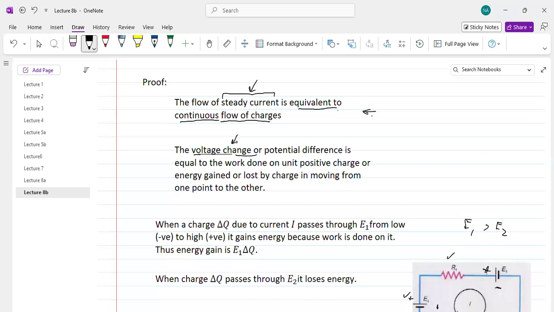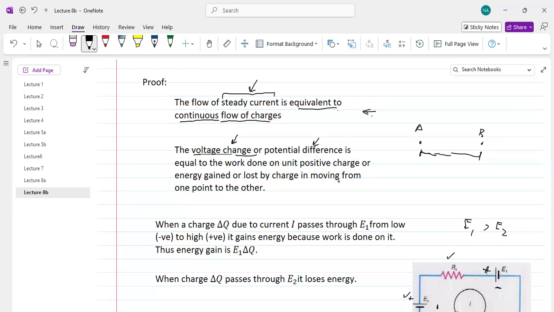The voltage change or the potential difference: you should keep in mind that whenever we say potential difference, there are 2 points. And whenever we say the potential change or voltage change, this again means there are 2 points, the voltage at one point and the voltage at the second point. And when we move from one point to another, then there is a voltage change.